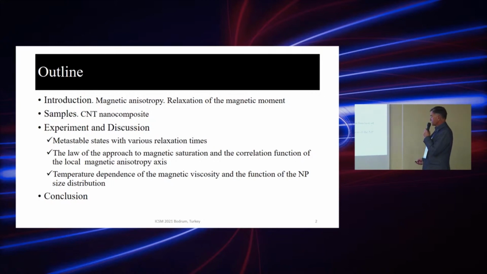And finally, we'll pass to the main result of the work, the temperature dependence of the magnetic viscosity, which was extracted from the experimental data, and how we explain this unusual dependence that we obtained, and we will talk about the function of the nanoparticle size distribution. And finally, I will conclude my talk.